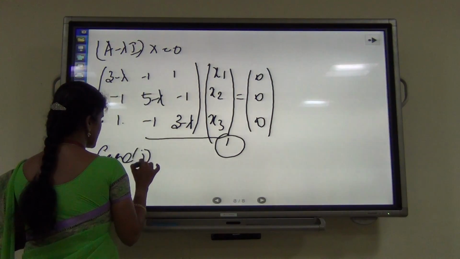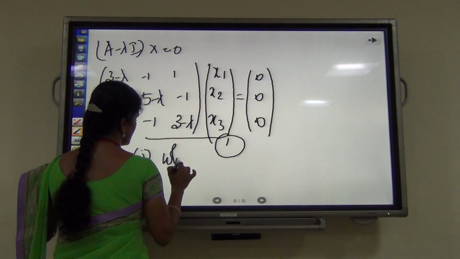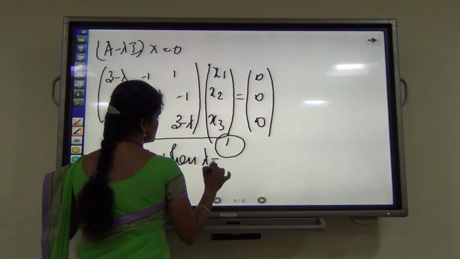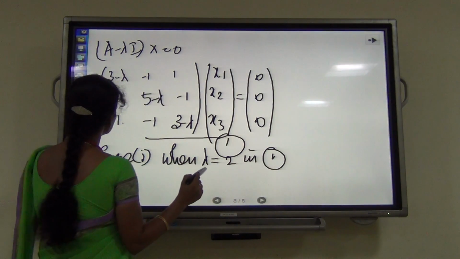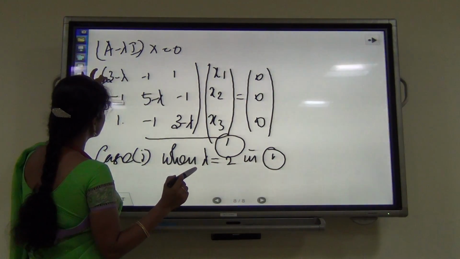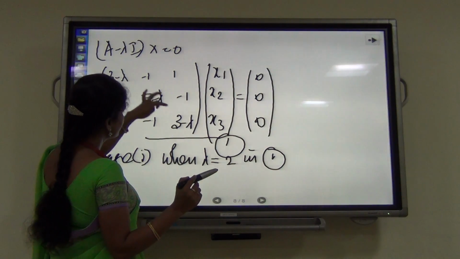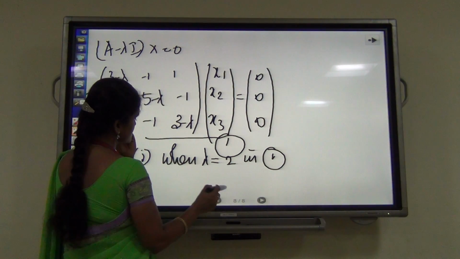We'll take this as case 1, when lambda is equal to 2 in the first equation. As we substitute 2 in the first equation, 3 minus 2 you will get 1. 5 minus 2 you will get 3, 3 minus 2 you will get 1.